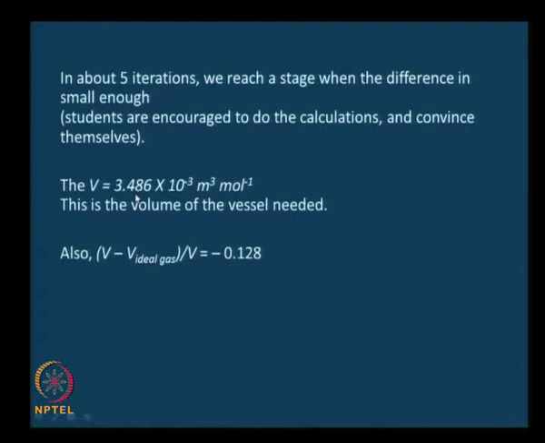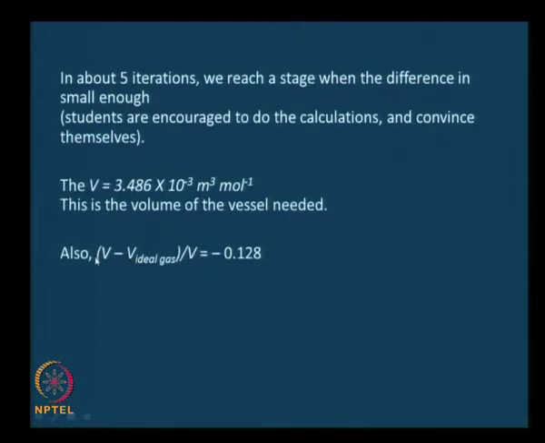Also, there was another part to the exercise, that was to find out the variation between the volume given by the virial equation and the volume given by the ideal gas. In other words, to find out the percentage difference. So, to find out the percentage difference, we take the difference divided by the actual volume, and actually we need to multiply it by 100.